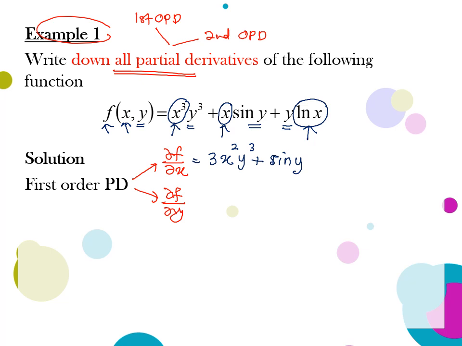Then the third term, you have ln x. Differentiate ln x, you will get 1 over x, and y, since you treat y as a constant, will stay. So the answer, del f del x, partially differentiating your function with respect to x, is 3x squared y cubed plus sin y plus y over x. Easy? Alright.